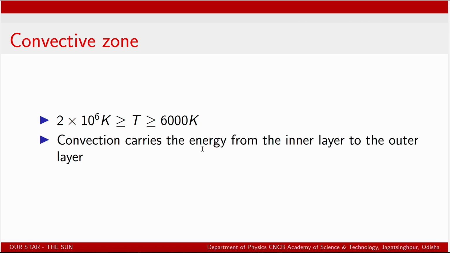The convection carries the energy from the inner layer to the outer layer. Now in the sun convection is taking place because the plasma in the convective zone acts as some kind of fluid. That's why we are having convection.